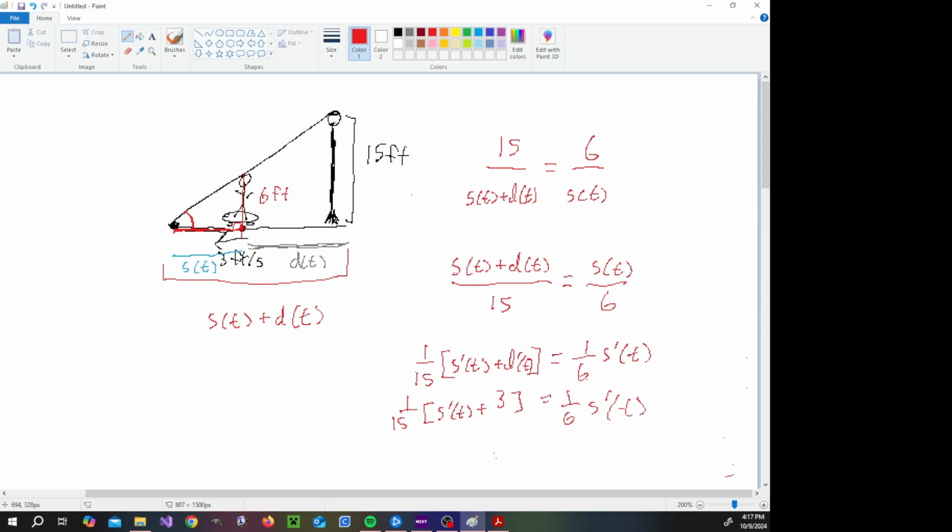We can distribute the 1 over 15 to both parts, though I never really needed to pull it out. So this is s prime of t over 15 plus 3 over 15 is equal to 1/6 s prime, or we can even write this as s prime over 6, right?